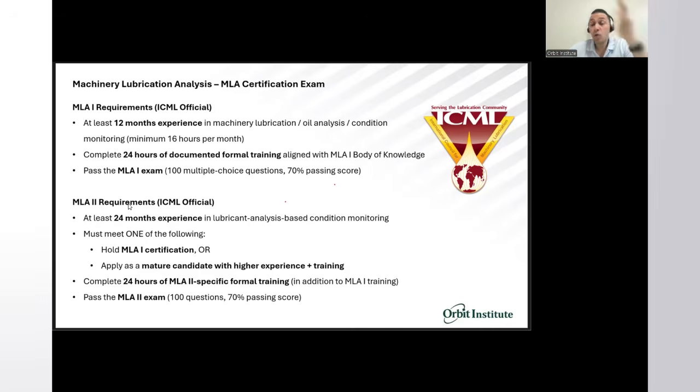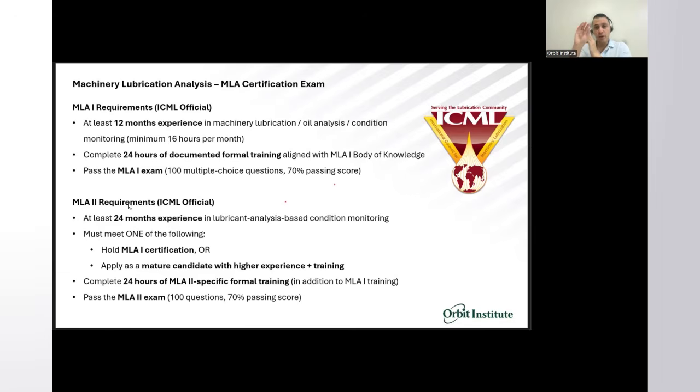And you may apply as a mature candidate with higher experience and training, which means you need to have at least the training of MLA1 plus the training of MLA2 plus a mature candidate form to be filled and sent to the ICML.